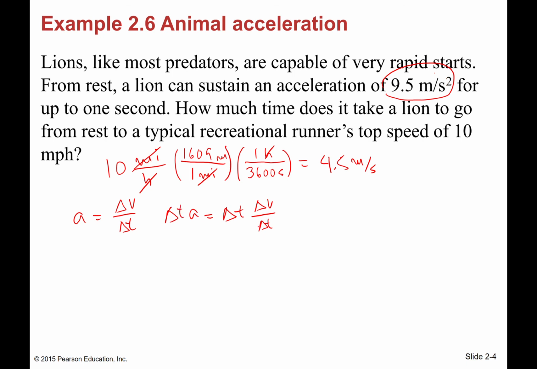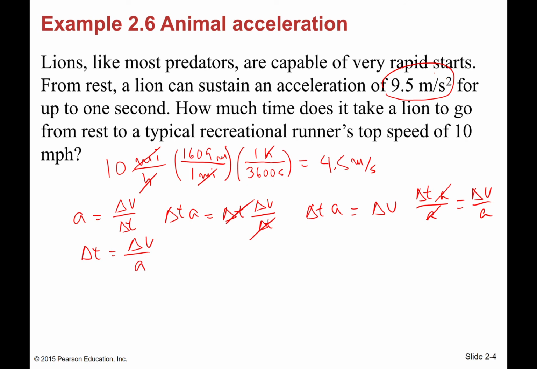I can cancel these two, and then I get that a delta t is equal to delta v. Now I'm going to divide by acceleration. So I cancel these two accelerations, and I end up with delta t equal to delta v over acceleration.